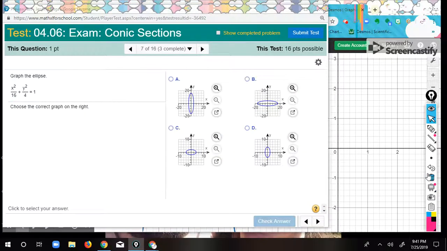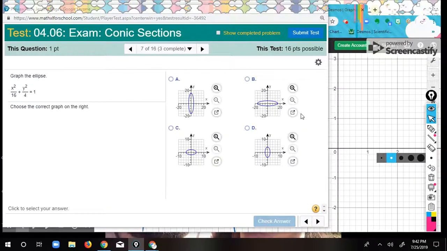Okay, graph the ellipse. So this one is going to be longer on the x-axis, and it should have intercepts at 4 and negative 4, whatever that square root is. But for the ellipse, you're going to look for one that has that length of 4, and it's longer on the x-axis.